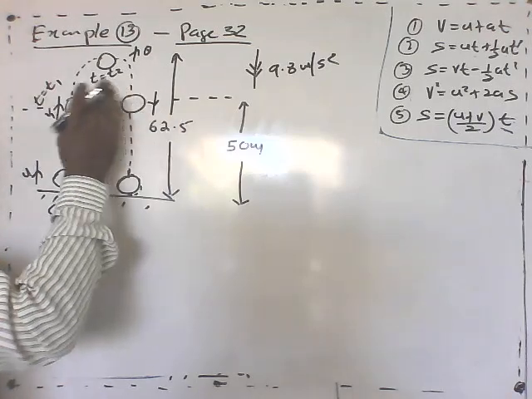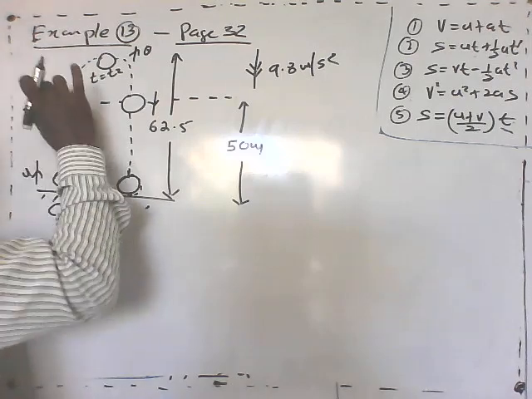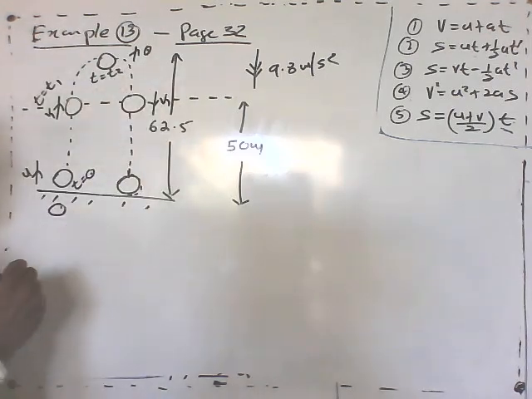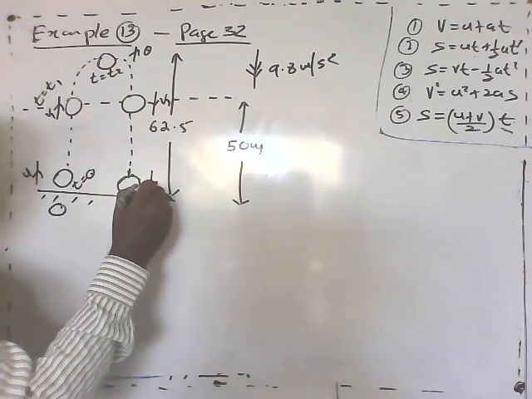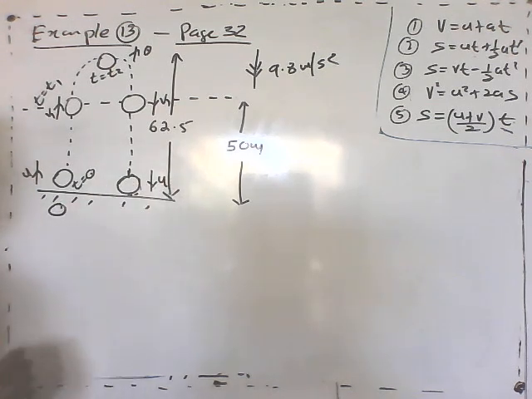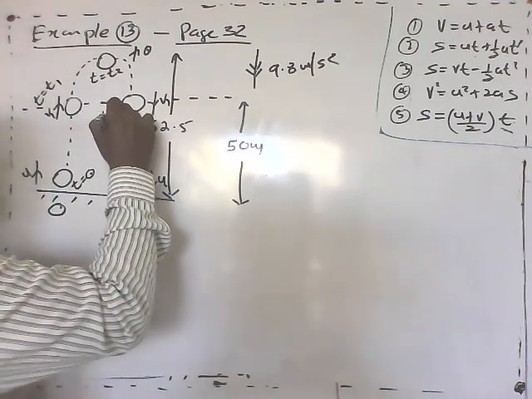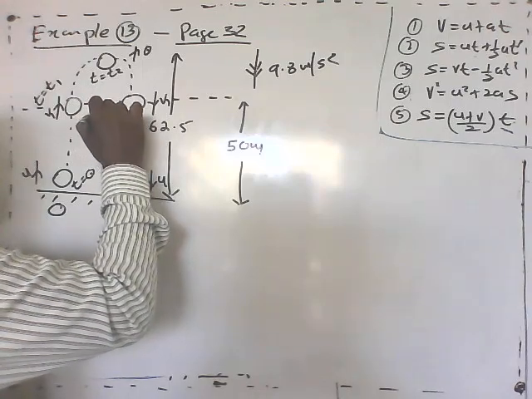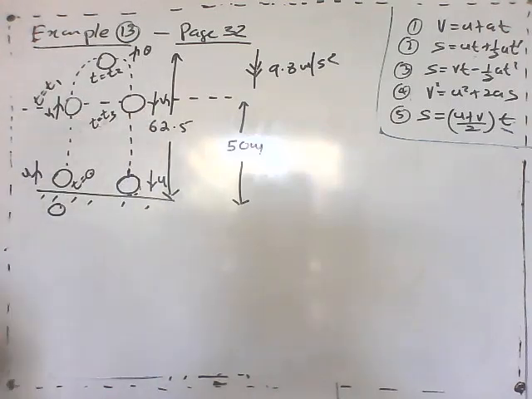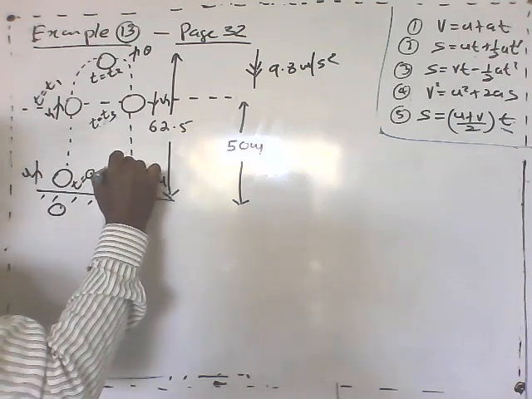Because of symmetry, since air resistance is not involved, if it went up with v1, he should come down with v1. He should hit the ground with u also, by symmetry. Then t3 here, and finally he comes here when t is equal to t4.